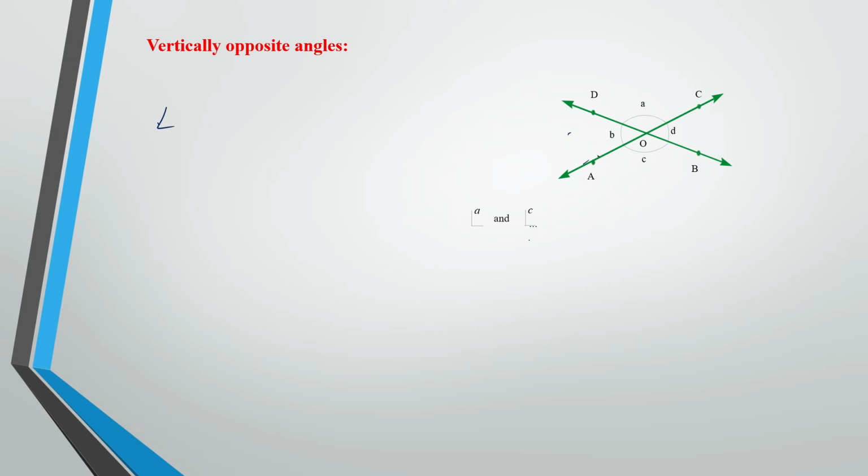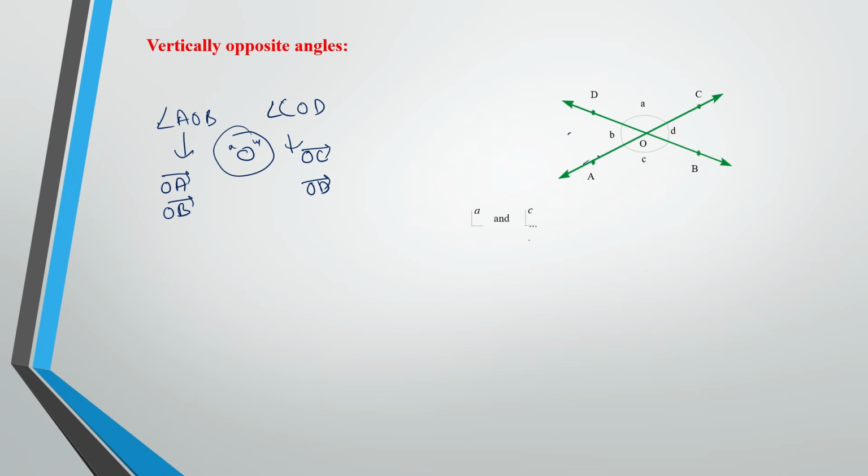If you take angle AOB and angle COD, you can see they have a common vertex O. Angle AOB is formed by the two rays OA and OB, and angle COD is formed by the OC ray and OD ray. That means these two angles have a common vertex but no arm in common.